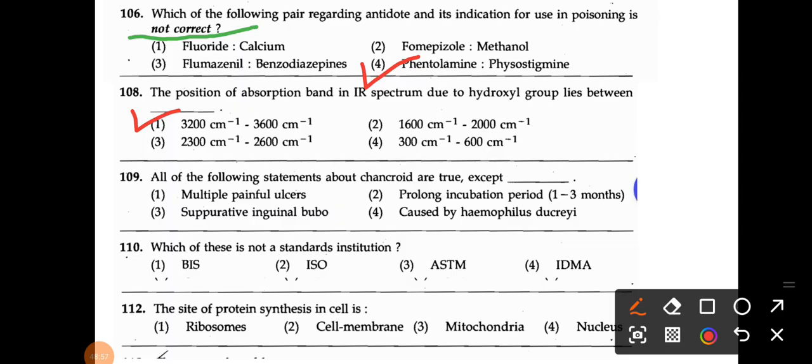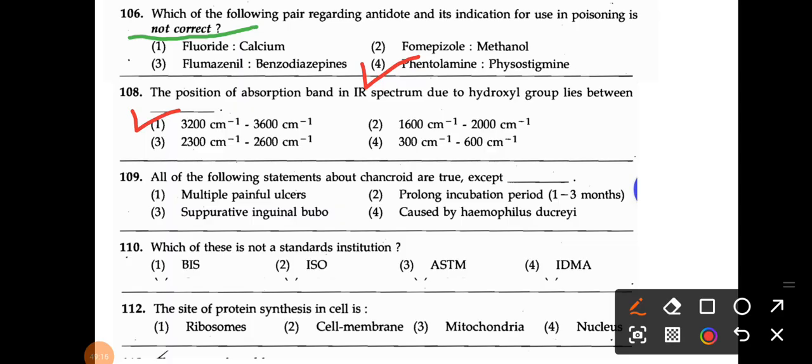Okay, the next question, 109: all of the following statements about chancroid are true except. First one is multiple painful ulcers, prolonged incubation period, that is 1 to 3 months, then suppurative inguinal bubo, then caused by Haemophilus ducreyi, right?